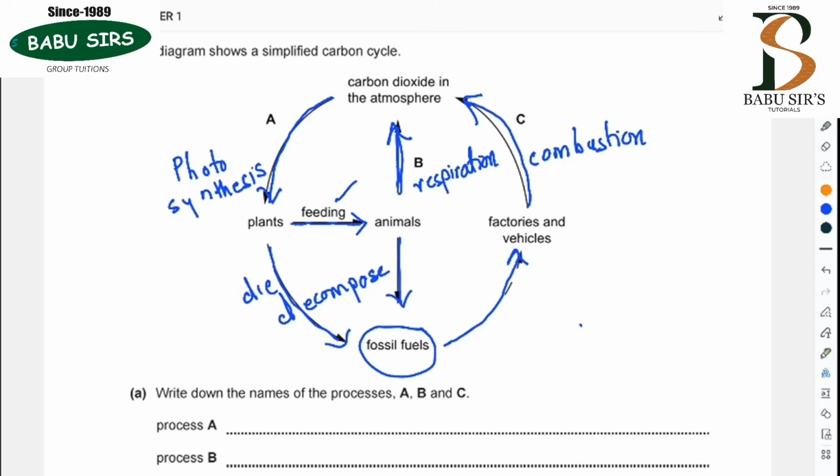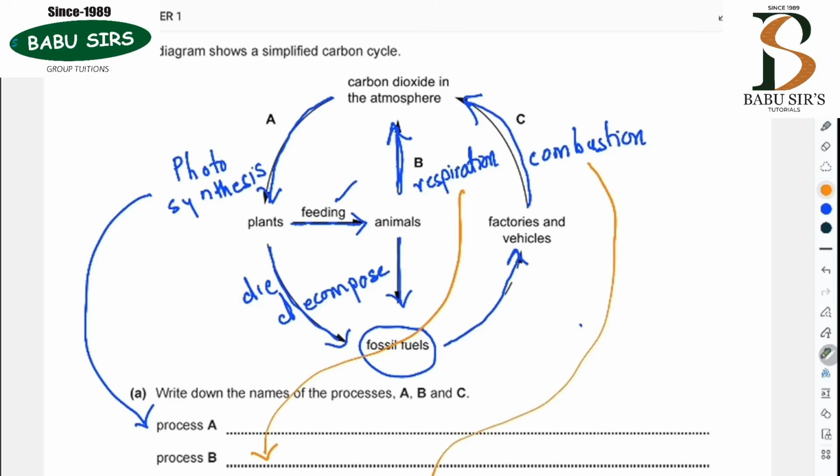So we'll start with the first question. Write down the names of the process A, B and C. So A, you can see it here, it is photosynthesis. B, you can see it here, it is respiration. And C, you can see it here, it is combustion.